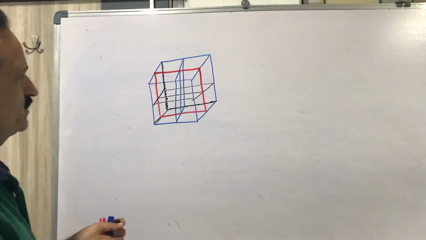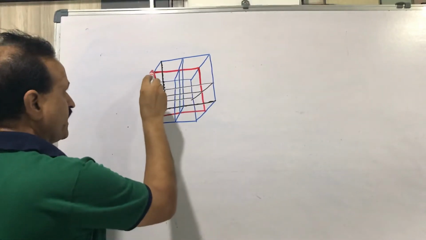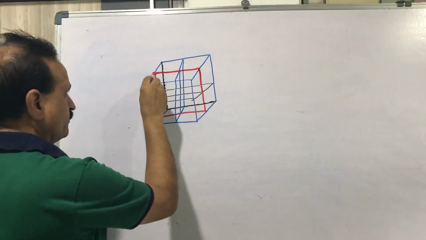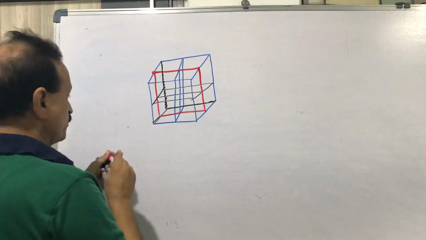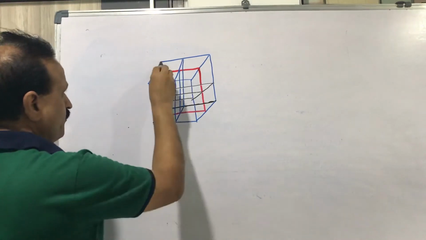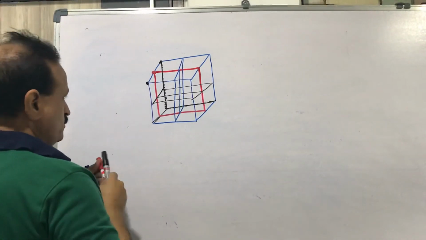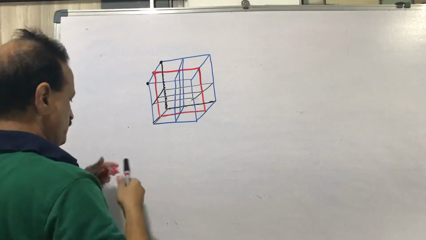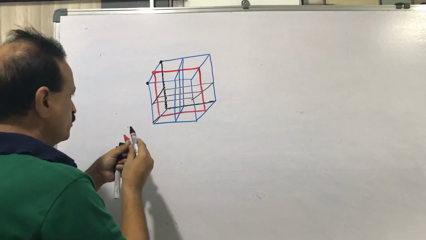Yes, this is the structure of sodium chloride. Red is sodium and black is chloride. You can see that two same colors will not come together.